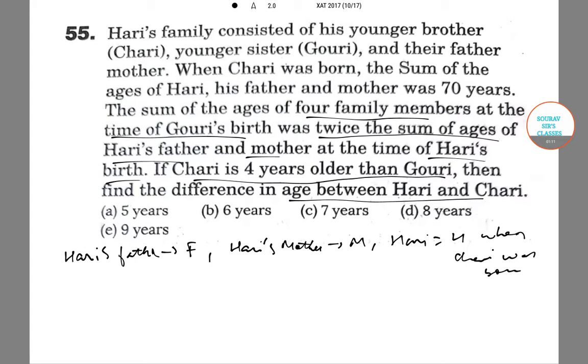Hence, their ages would be F minus H, M minus H, and 0 when Hari was born.